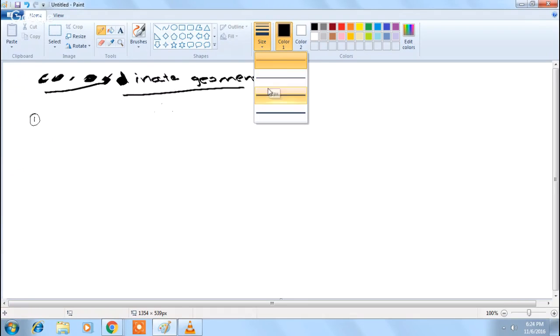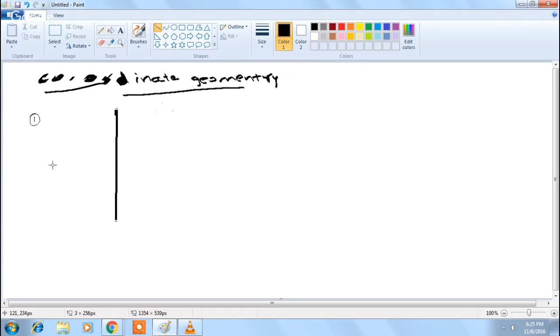A coordinate system divides the entire space into four equal parts, namely x-axis and y-axis.